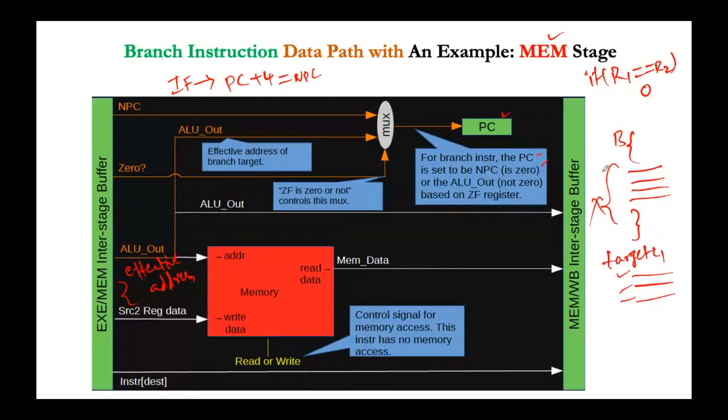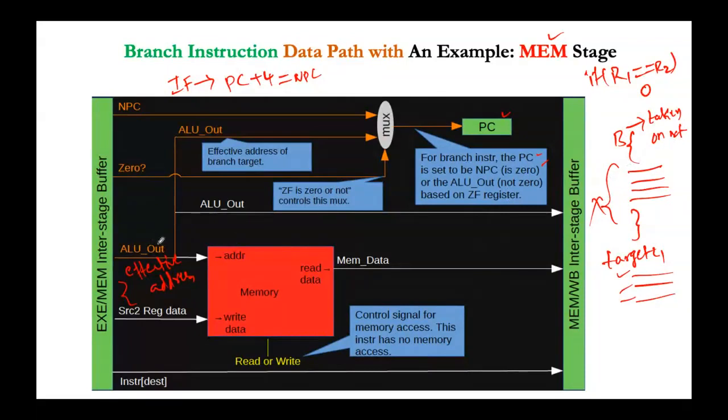So here the problem in this control hazard is whether this branch will be taken or not. That is the question that leads to the hazard. This branch may be a conditional branch or an unconditional branch. At what stage?